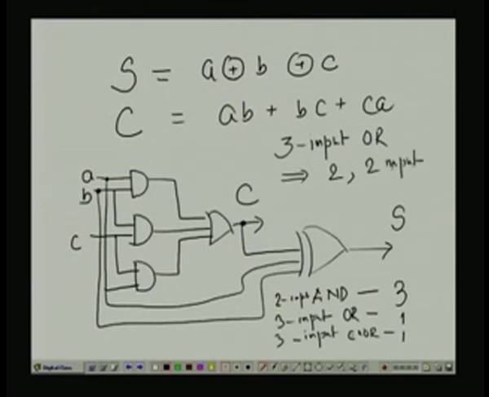Similarly, the 3 input XOR can be realized by 2 input XORs.